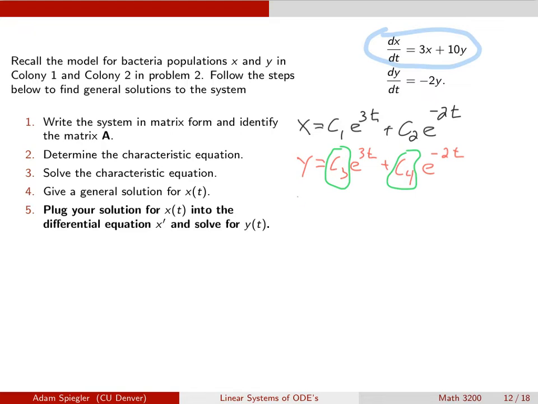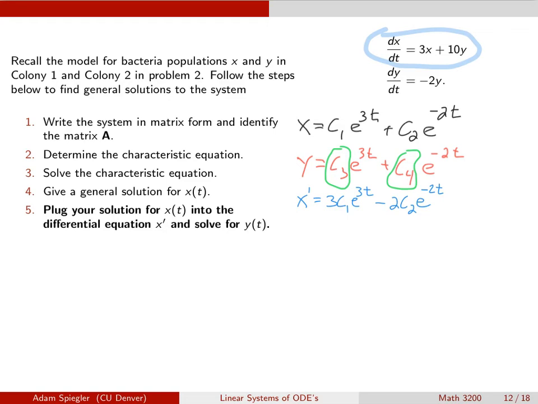In order to find dx/dt, we would take the derivative of x, which would give us 3c1 times e to the 3t minus 2c2 times e to the minus 2t.